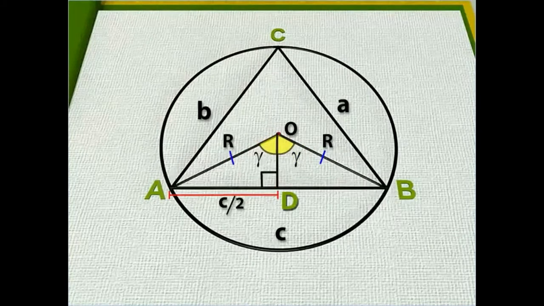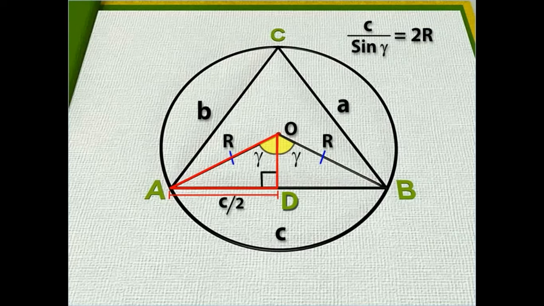Considering triangle AOD, we get sine gamma is equal to C upon 2R, which implies C upon sine gamma is equal to 2R.